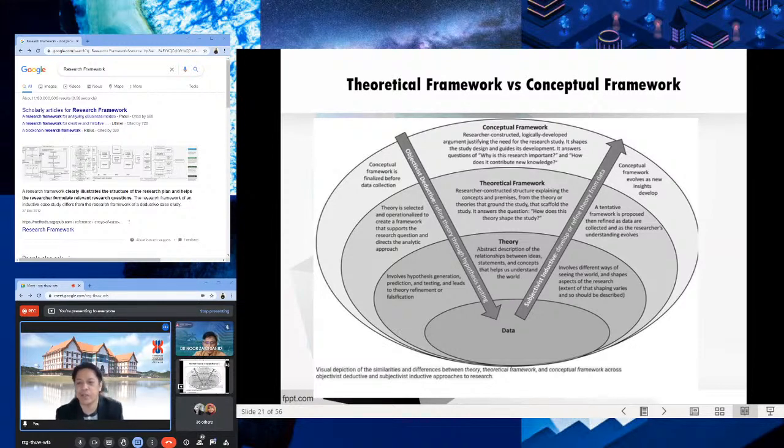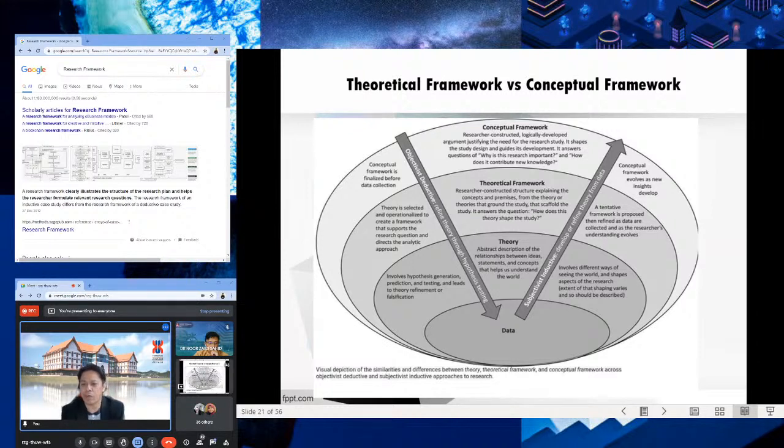Normally we look in two directions, either from conceptual framework into data, which is objectivist deductive, from general to specific, or from another perspective, subjective inductive, developing and refining the theory from data, from specific to general. So those are the major differences.